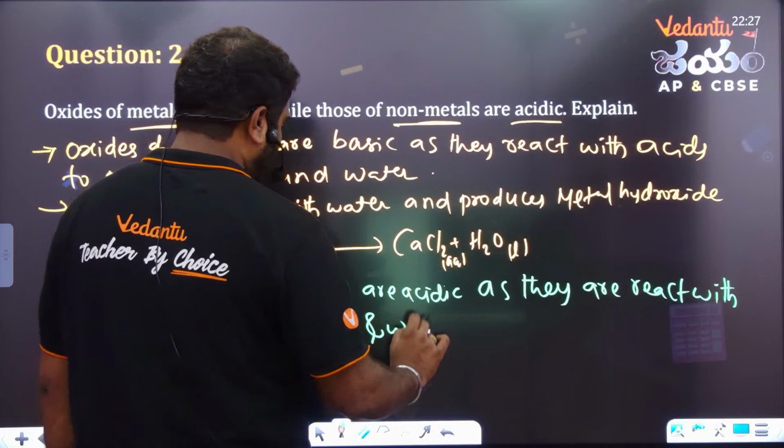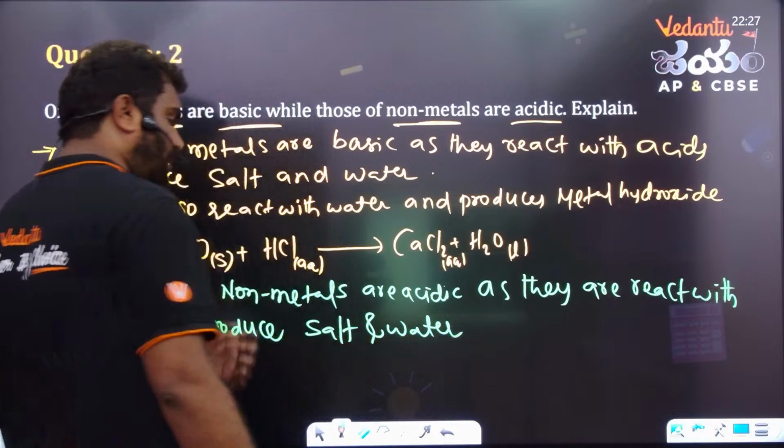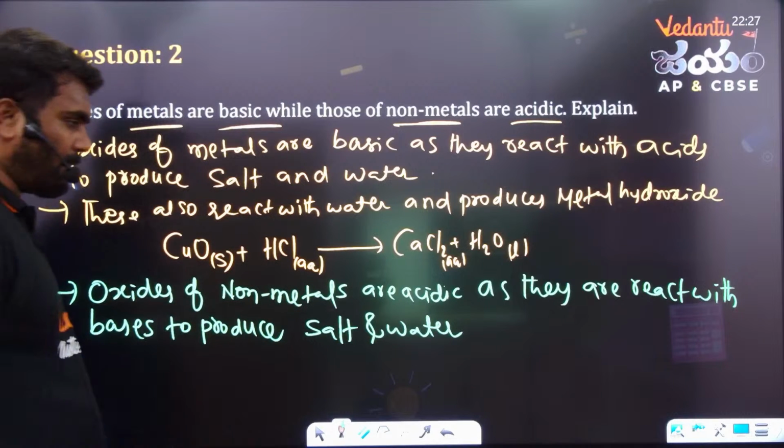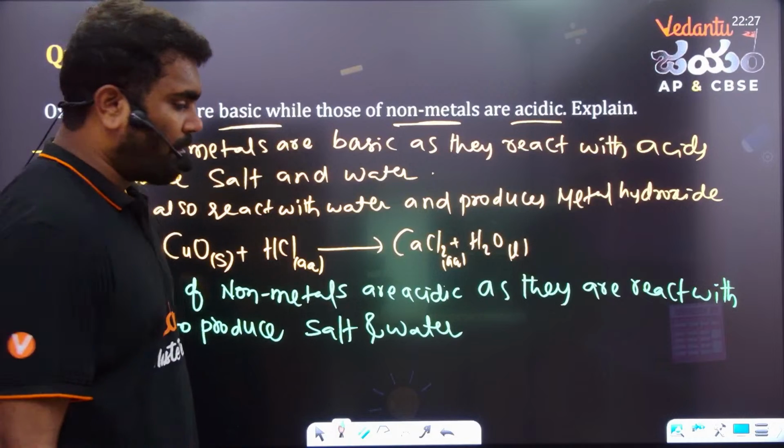These oxides of non-metals also react with water and produce acids.